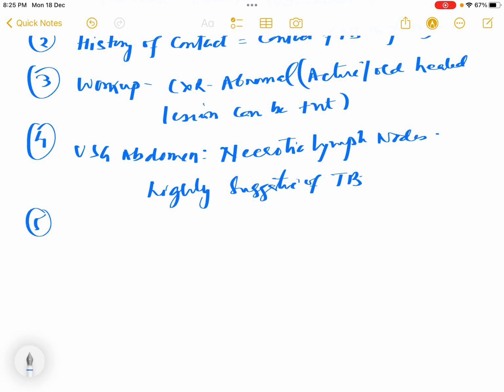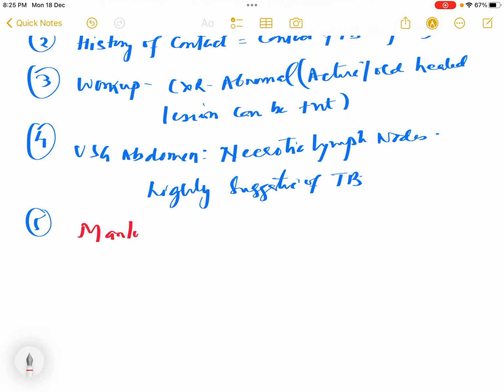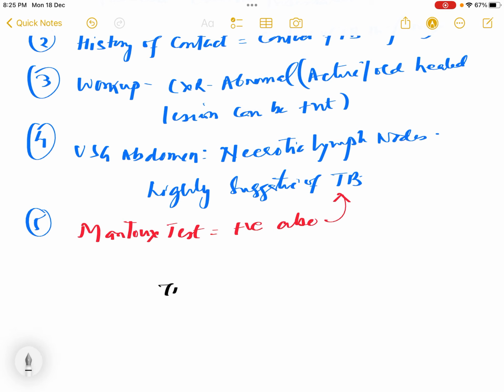Another important test we can do here is the Mantoux test, and that can be positive also, and it will suggest TB diagnosis. So this is how we can confidently make a diagnosis of tuberculoma versus neurocysticercosis.